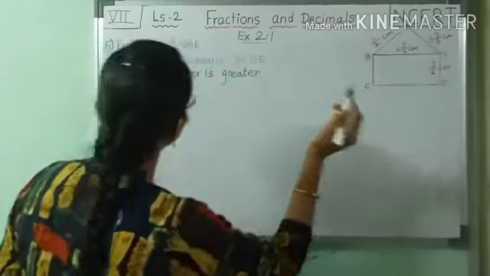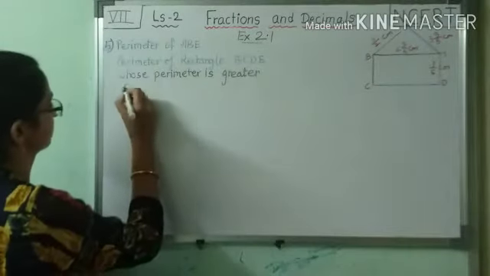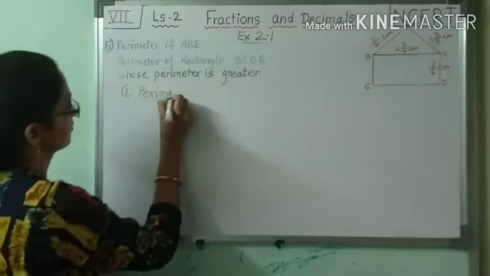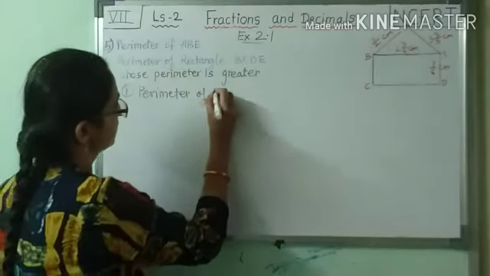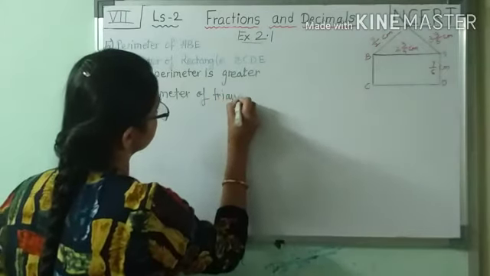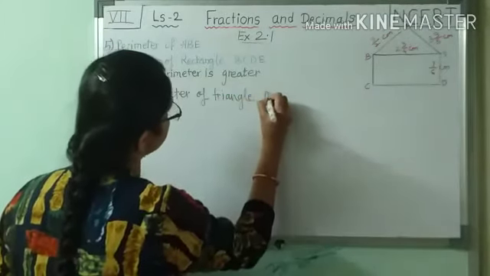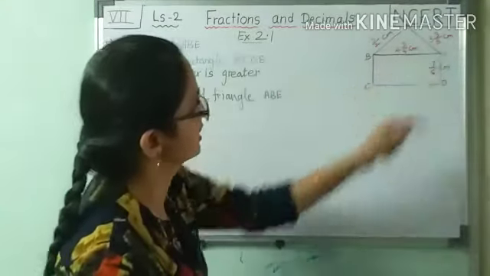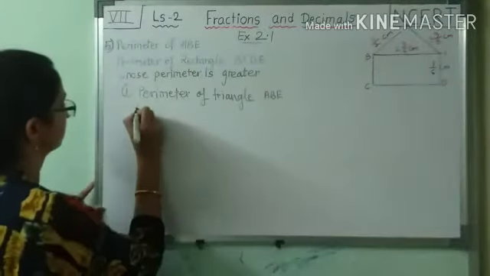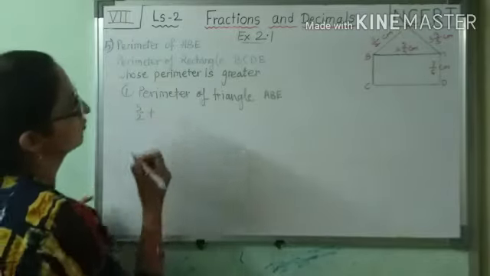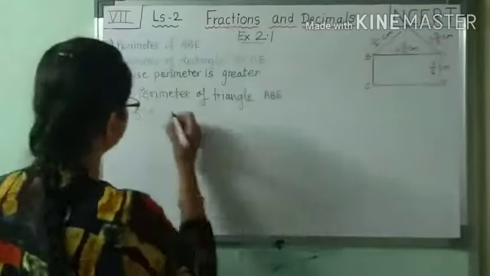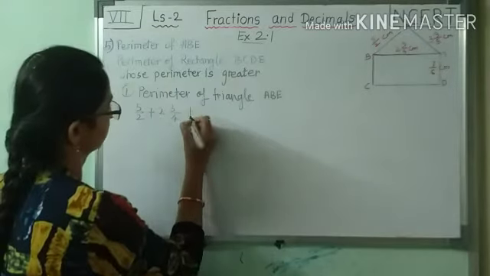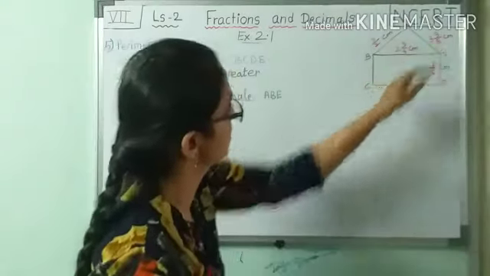Lengths are given here. So first one, perimeter of triangle ABE is equal to the sum of all sides, that is 5/2 plus 2 and 3/4 plus 3 and 3/5.